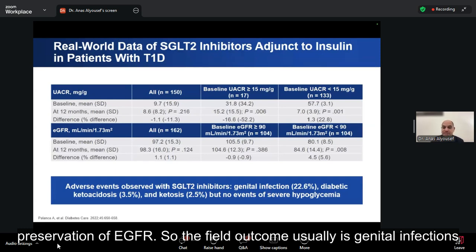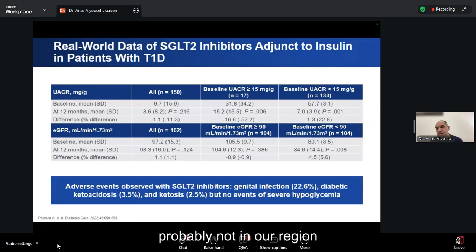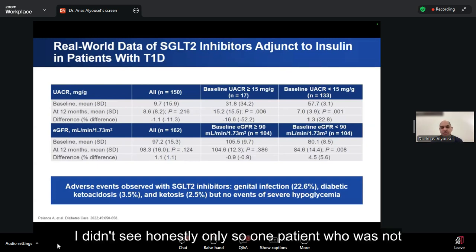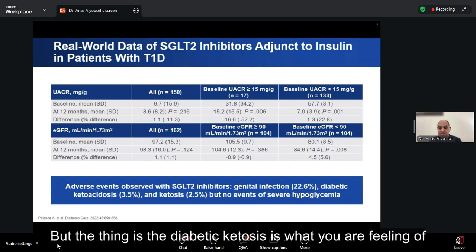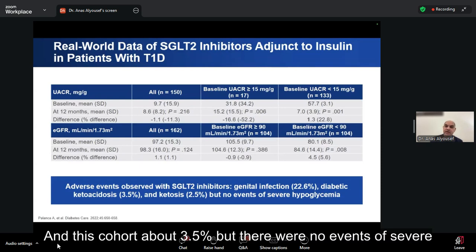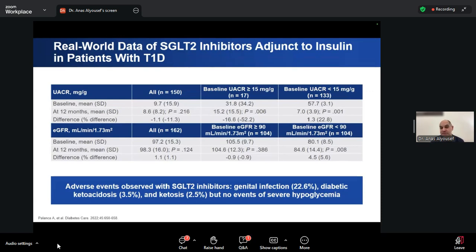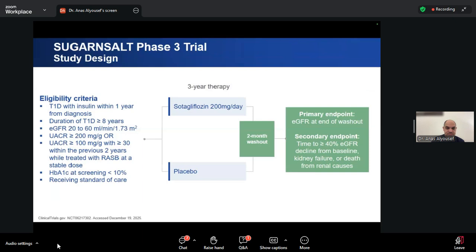The feared outcome usually is genital infections, probably not in our region. Honestly, I only saw one patient, who was not from the Arab world, who got genital mycosis. But the thing we are fearing is diabetic ketoacidosis, and in this cohort it was about 3.5%. But there were no events of severe hypoglycemia.